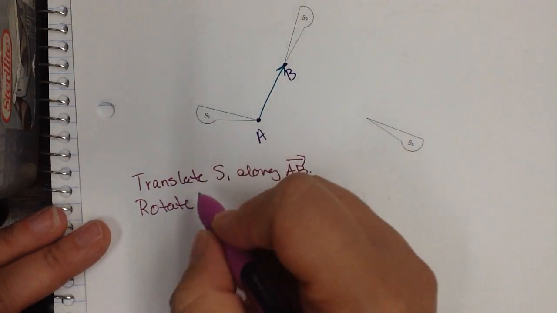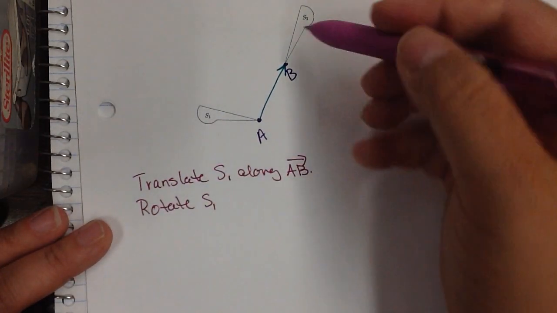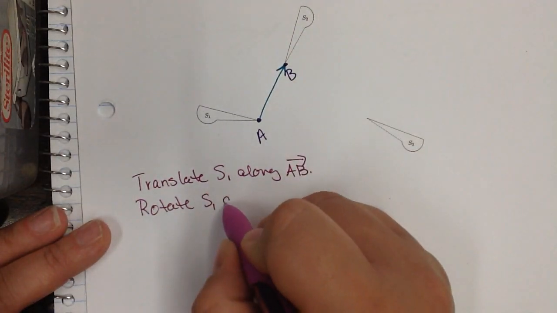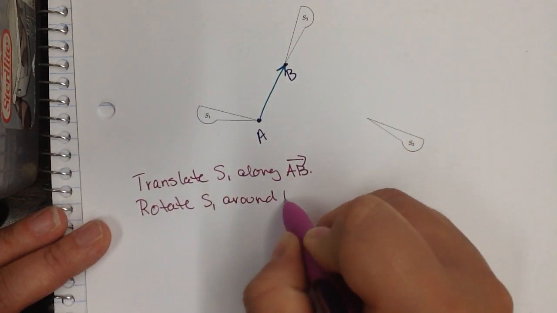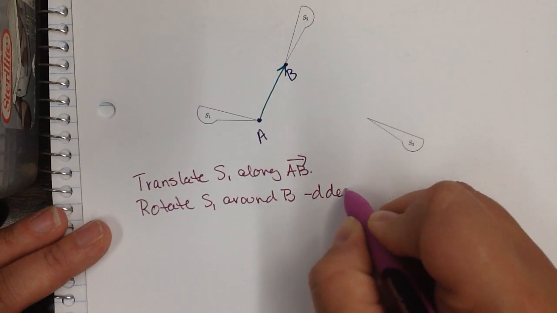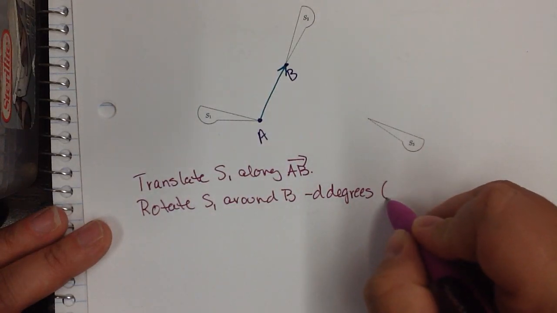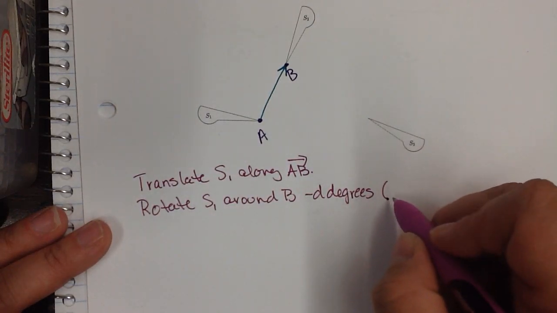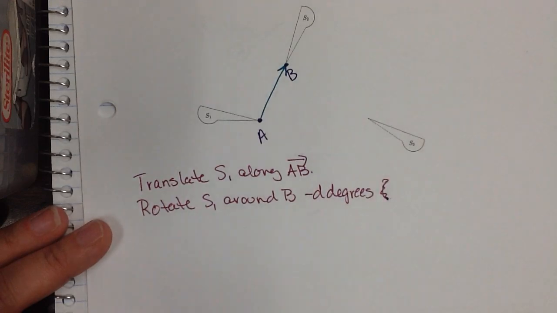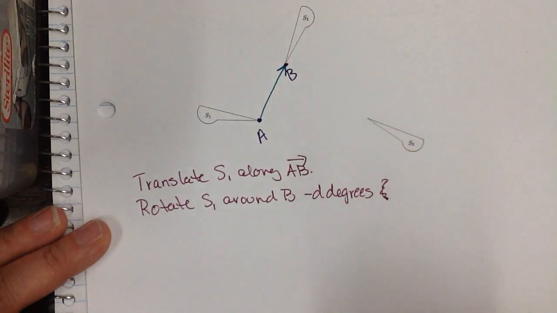Then we rotated S1, the one that was up here, around B, negative D degrees, so that the sides, the long straight side, lined up.